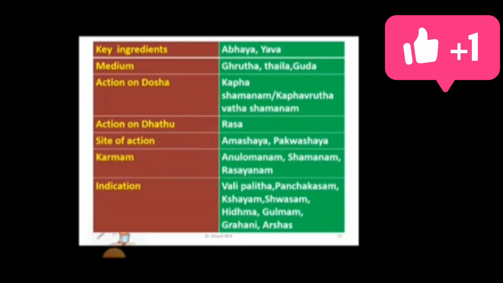The other ingredients like Ghrita, Taila and Guda are also present. The Dhatu of action is Rasa, and the site of action is Amashaya and Parshvashula. The indications are Vali Palita Nashana, Panchakasa, Kshaya, Shwasa, Hikka, Gulma, and some other unexpected indications.